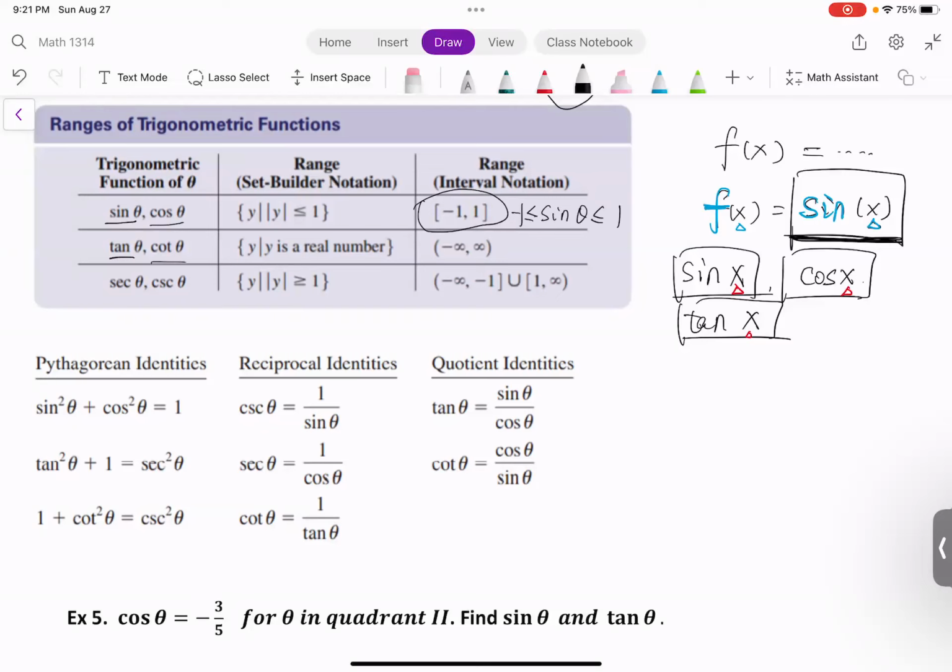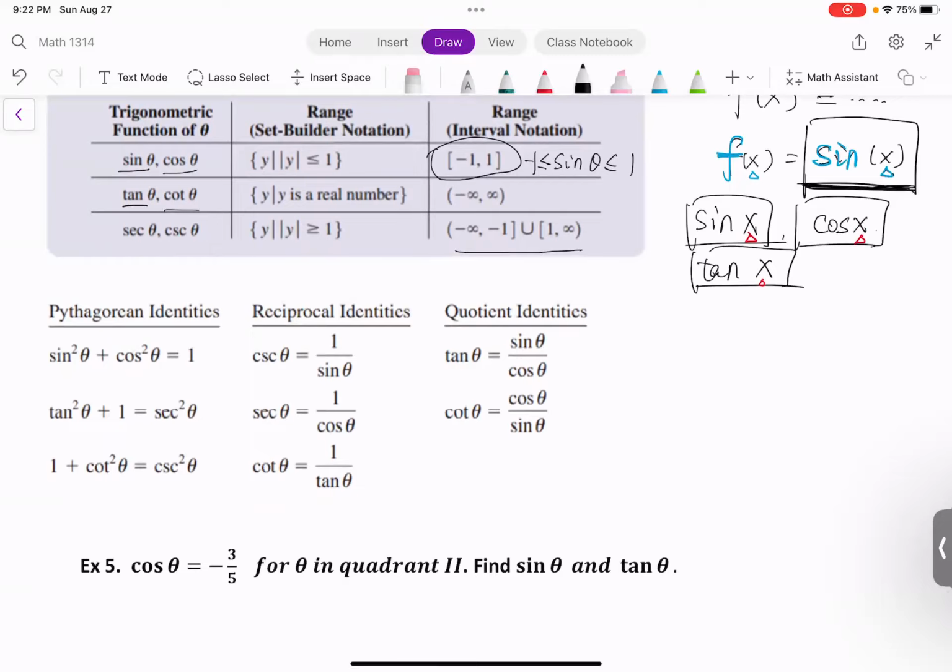For tangent theta and cotangent theta, the range is -infinity to infinity. There's no restriction. For secant theta and cosecant theta, the y value is between -infinity and -1, union 1 to infinity.